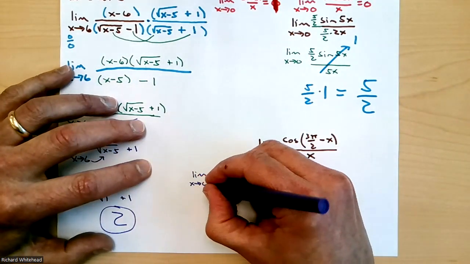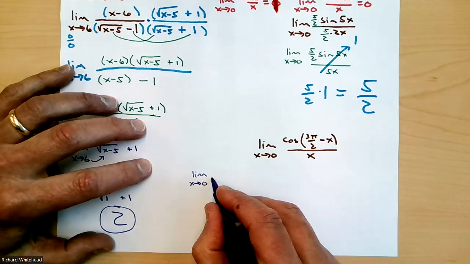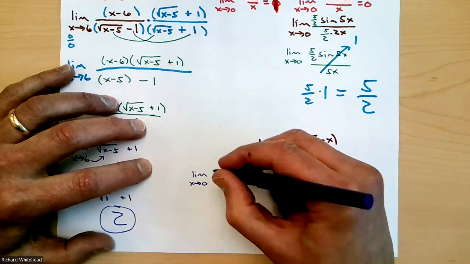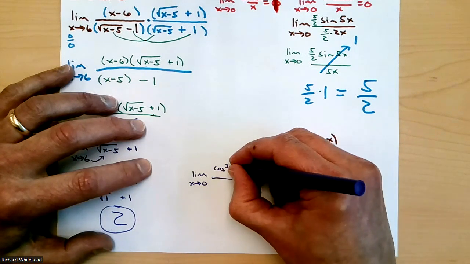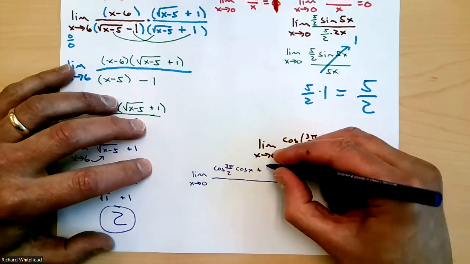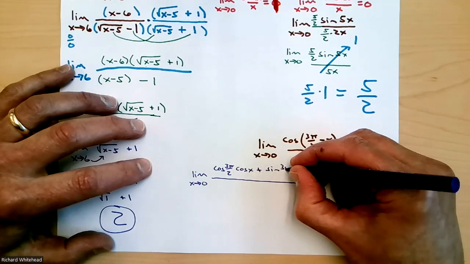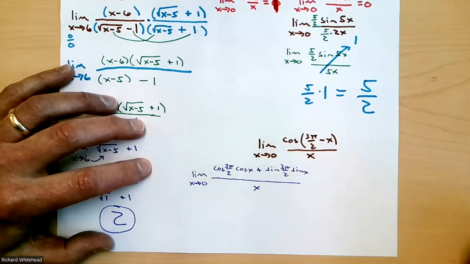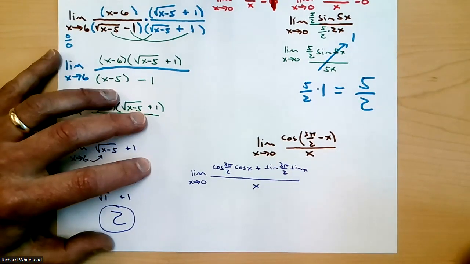And we will give you the identities. If you're given a situation like this, we'll give you the identities. Remember good old cosine A minus B? So cosine 3 pi over 2, cosine x plus sine 3 pi over 2, sine x all over x. Does this bring back memories?